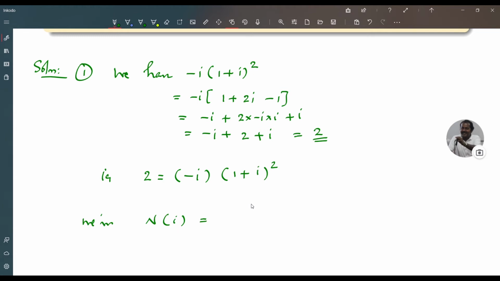You have N of minus i, which is N of 0 plus minus 1 times i. So this is minus 1 squared, that is 1. Therefore, minus i is a unit in Z[i].